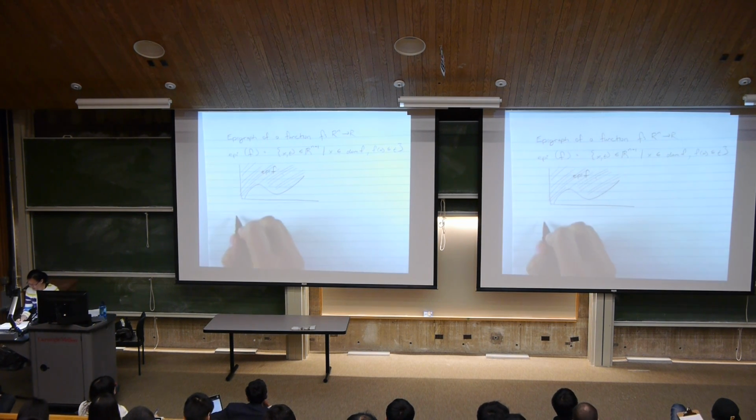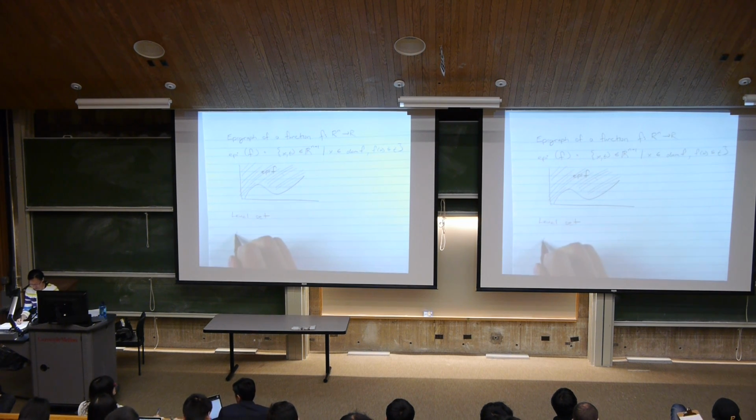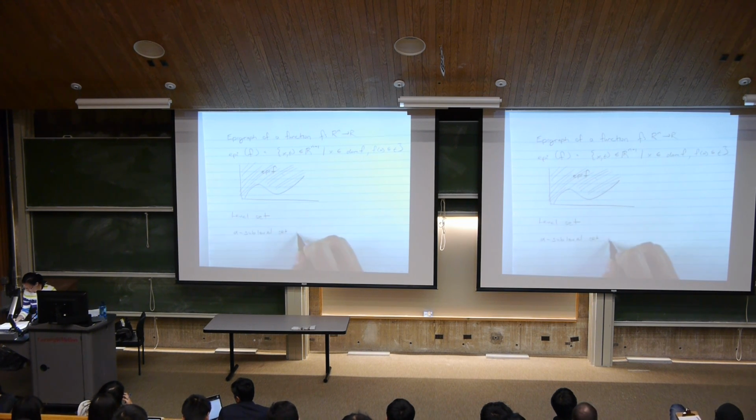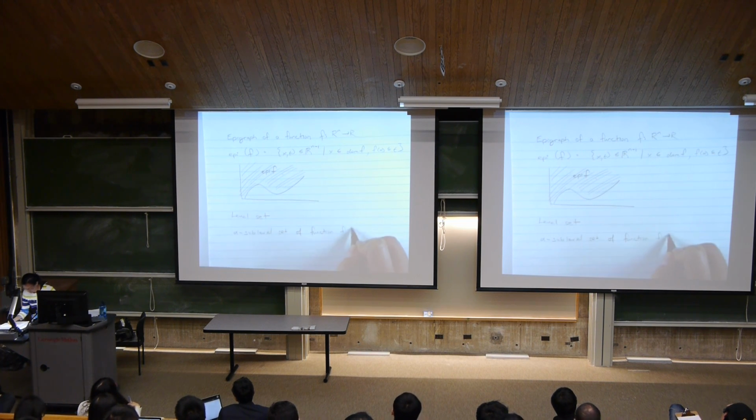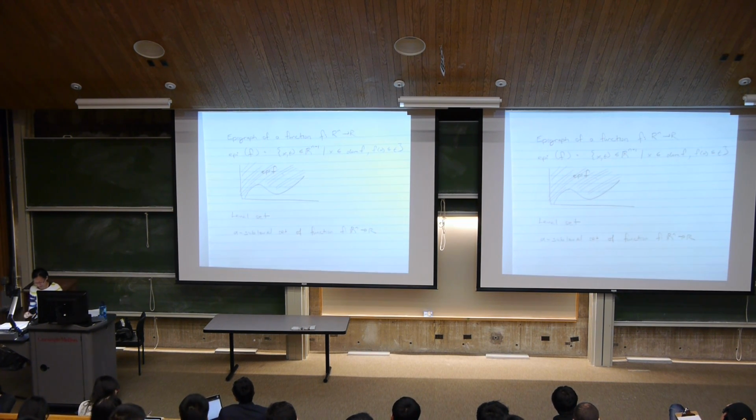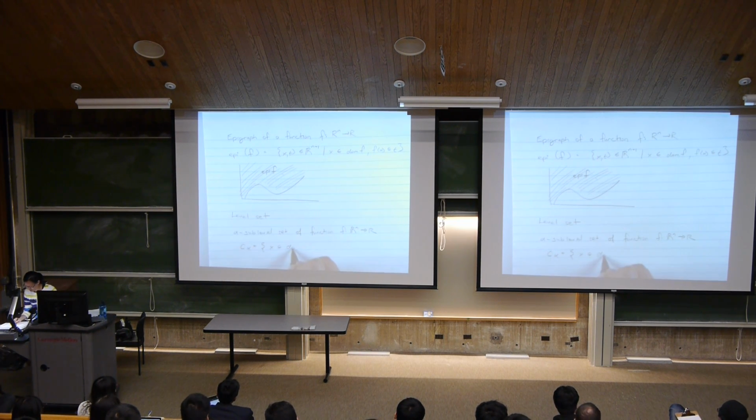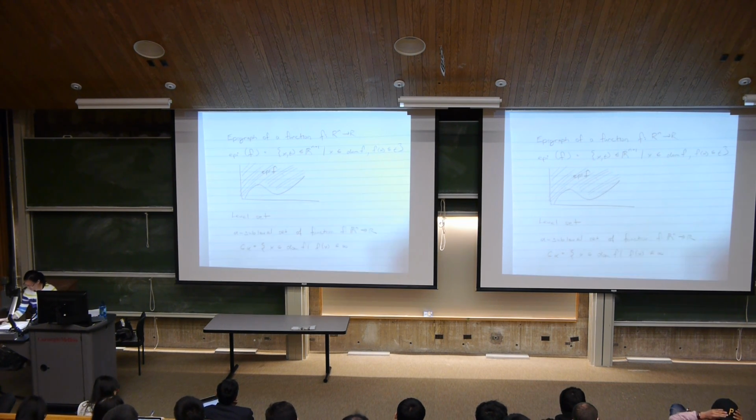Another thing he mentioned was the level set. To be more precise, it's an alpha sublevel set of a function. And this is the formal definition: x is in the domain of f, and f(x) is less than alpha.